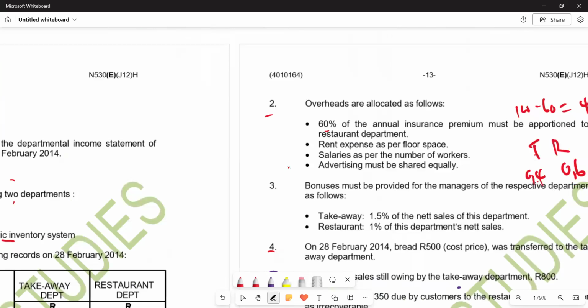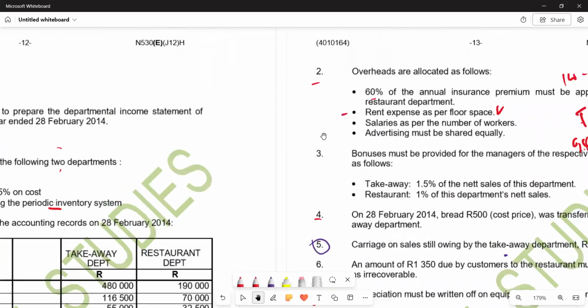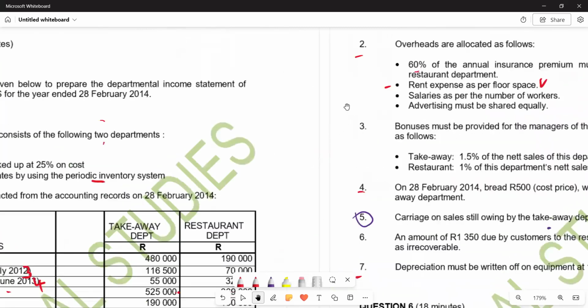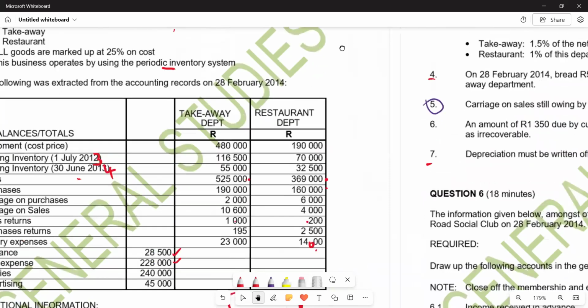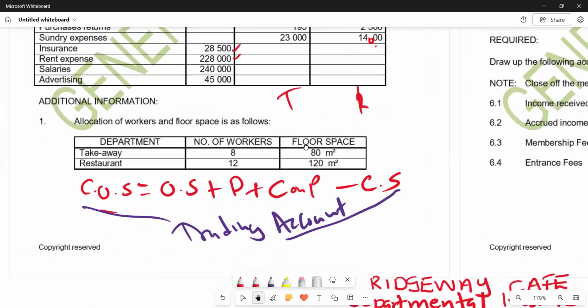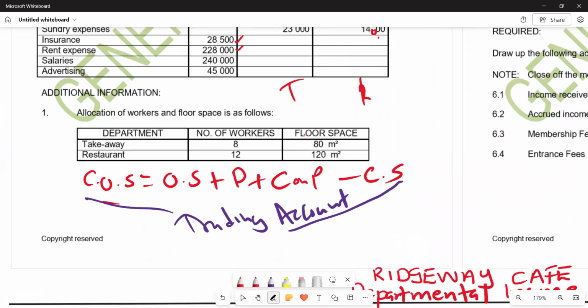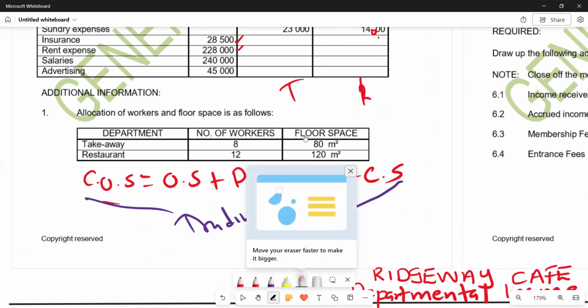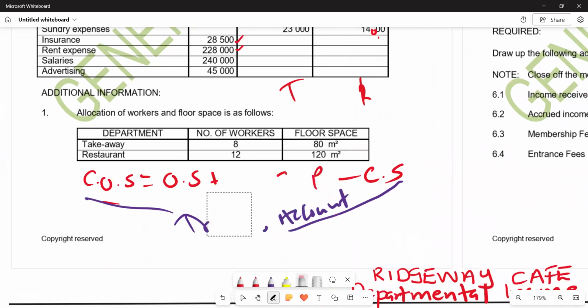But if you check on the allocation part, it's saying rent expense as a floor space. So we are going to use our floor space to calculate the proportions of rent expense. And floor space is given in additional information number 1, whereby we are saying floor space 80 square meters for takeaway and 120 square meters for restaurant. So this is exactly what we are going to apply here.